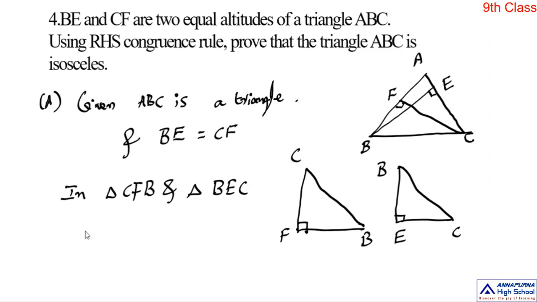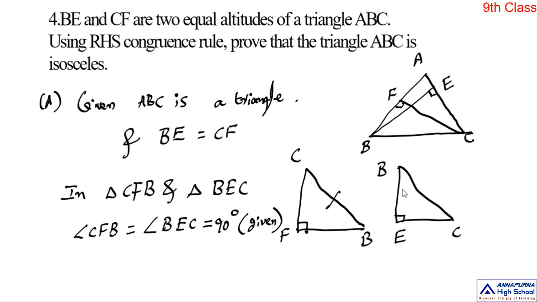So angle CFB is equal to 90 degrees and angle BEC is equal to 90 degrees. This is the given condition. BE is perpendicular to AC and CF is perpendicular to AB. So angle CFB is equal to angle BEC is equal to 90 degrees.